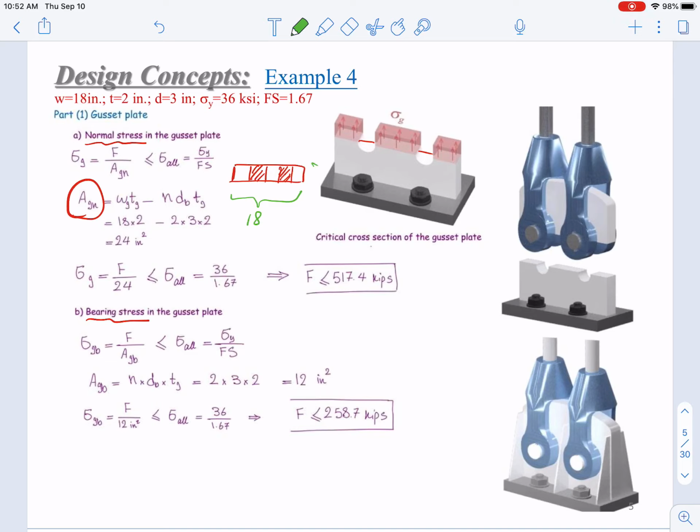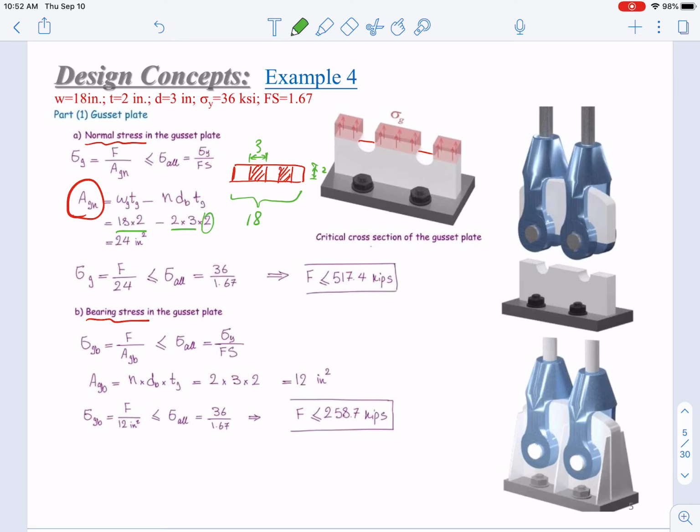The thickness is 2. And here the diameter of the hole is 3. So basically just 18 times 2 minus 2 times 3, and you have 2 holes, times 2 again. So you get 24 inch squared.